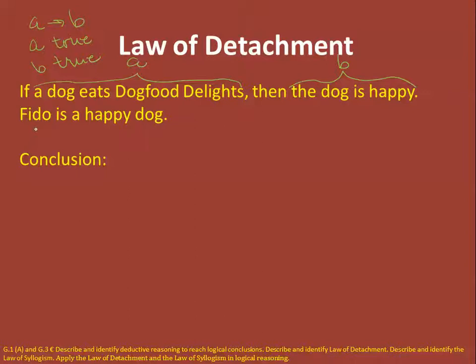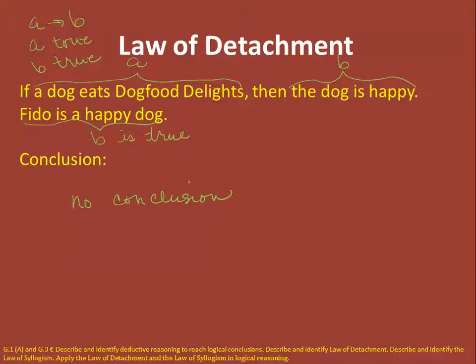Okay, so A has to be true for B to be true. So this phrase right here, Fido is a happy dog, all that's doing is saying B is true. It's not telling us that Fido eats dog food delights. It's telling us that Fido is a happy dog. So, no conclusion.